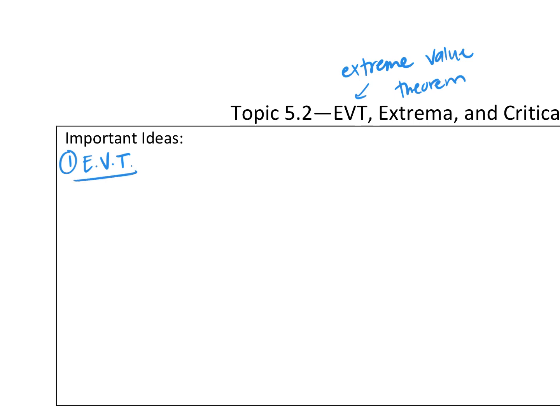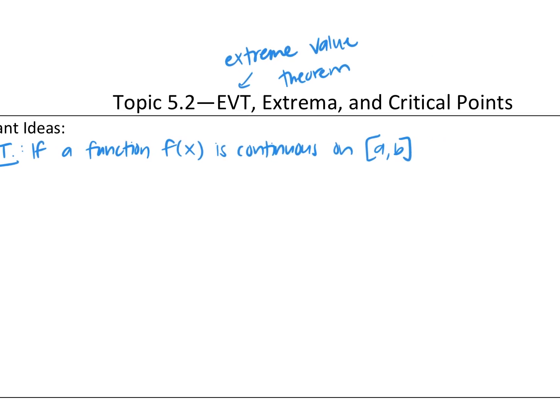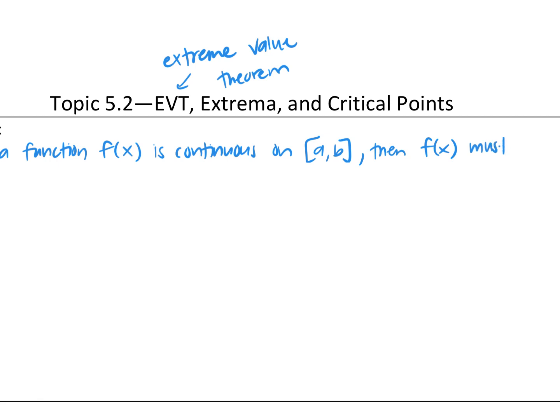Extreme value theorem is if we have a function f of x that is continuous on an interval a to b, then our function f of x must have a minimum and maximum value on the closed interval a to b.